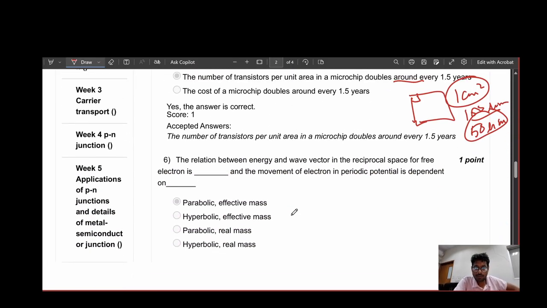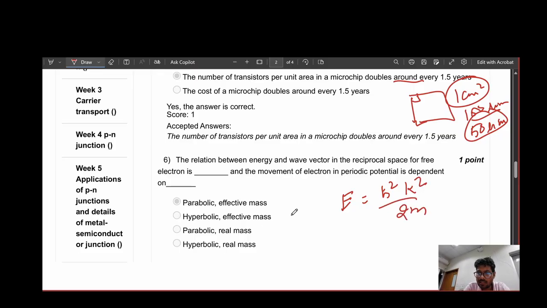So the relation between energy and wave vector in reciprocal space for a free electron is E equals h-cut squared k squared by 2m. Here E is the energy, and h-cut is equal to h by 2 pi, where h is the constant.